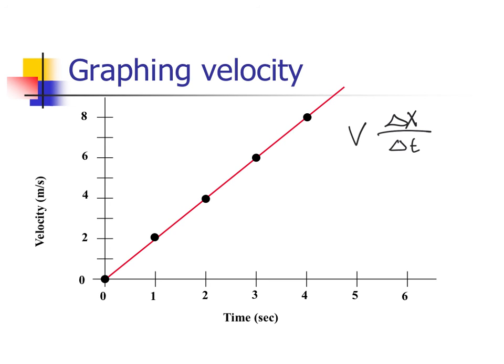If it's going fast, say just a simple 2 over 1, right? But what happens if it didn't cover as much and it took longer? It's not going as fast.